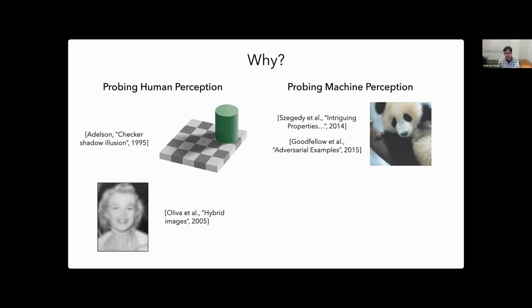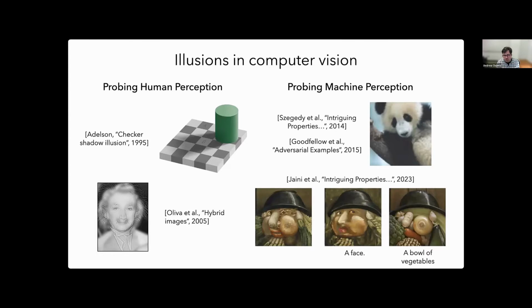There are also a lot of cases where we can use optical illusions to probe machine perception as well. A really famous example of this is adversarial examples. There's a famous result that shows that you can trick neural networks into having a different interpretation of an image than a human would. And that is used to indicate that perhaps the way these classifiers interpret images doesn't exactly match how humans perceive them.